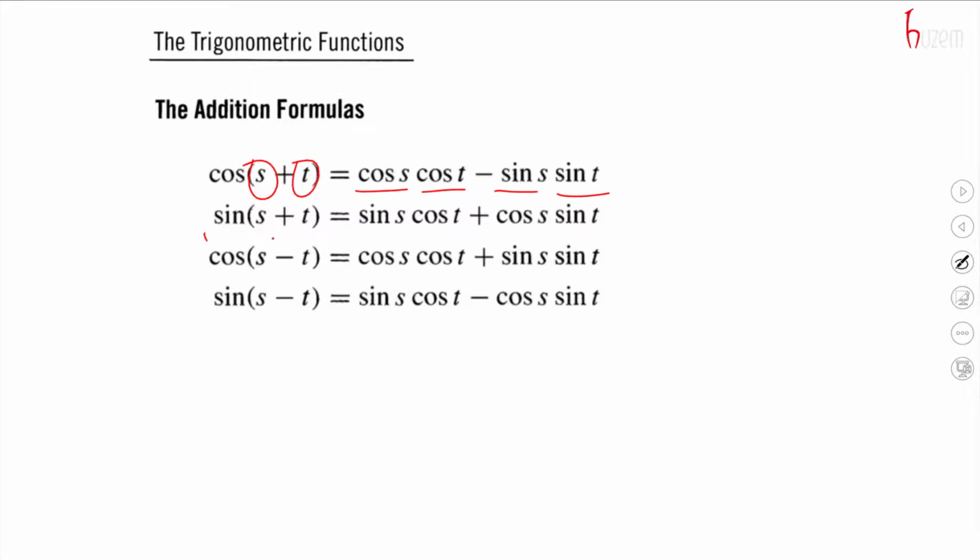Sine of s plus t will be sine of the first times cosine of the second plus cosine of the first times sine of the second. You can follow the same pattern, and you need to memorize these addition formulas.